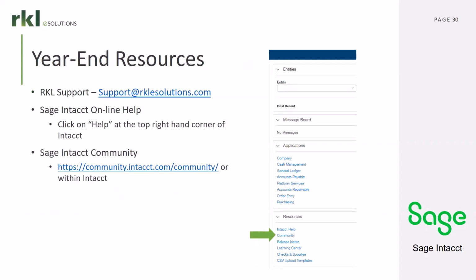All right. Year-end resources. So you can always email us at support@RKLE Solutions, or reach out to the person that you typically work with. Sage Intacct Online is a great place for help. Up in the top right corner, click on help.